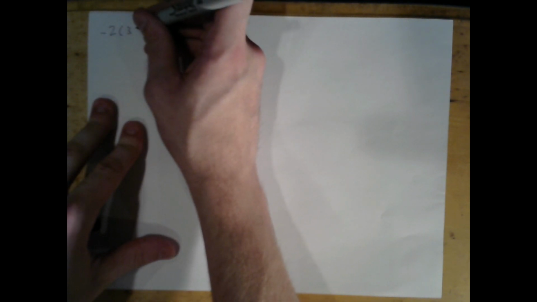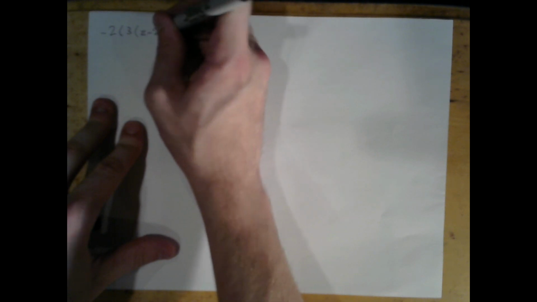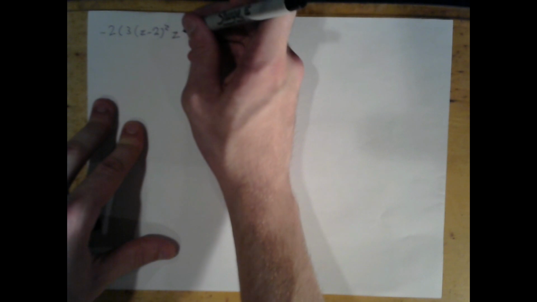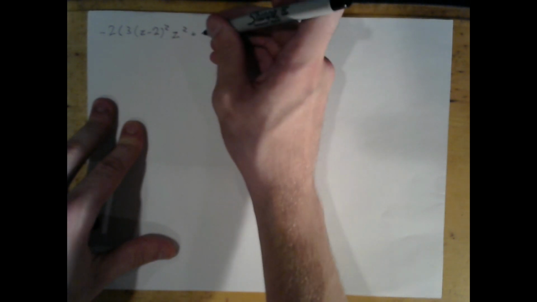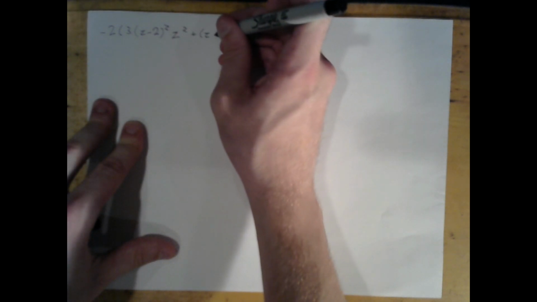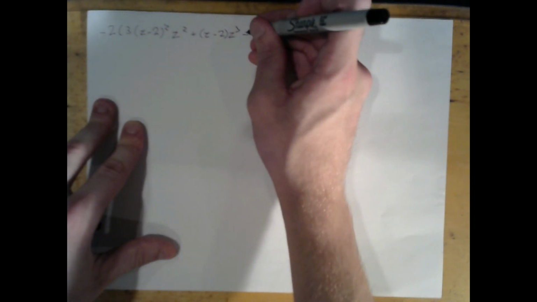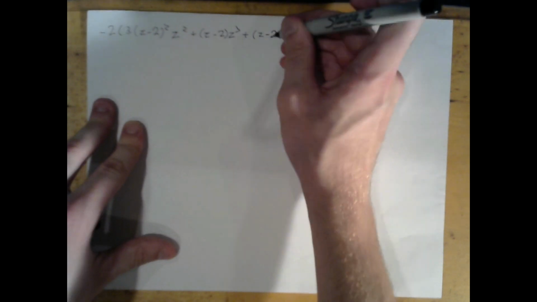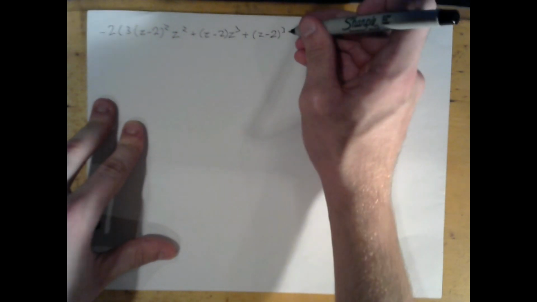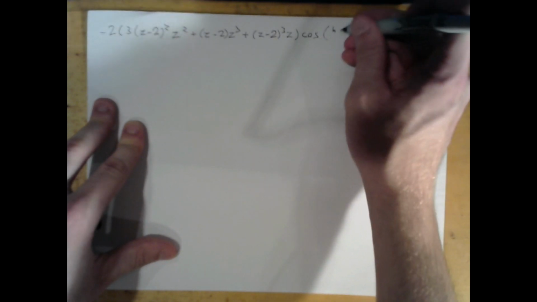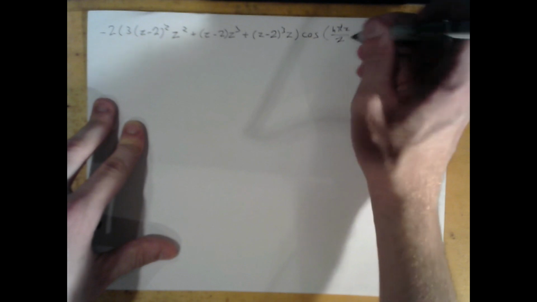For the front part, we're going to get negative 2, (3z minus 2) squared z squared plus (z minus 2) z cubed plus (z minus 2) cubed z, and all this is going to be multiplied by cosh(pi z over 2).